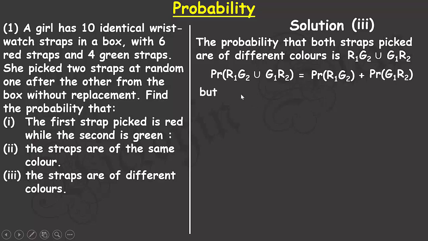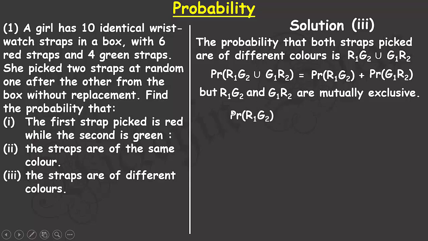Okay, so we need to know that the probability of picking a red and a green, and or a green and a red, are mutually exclusive events. Meaning, if she is picking a red and a green, it nullifies the probability of picking a green and a red. And if she's picking a green and a red, she cannot pick a red and a green again. So it's either a red and a green, or a green and a red.